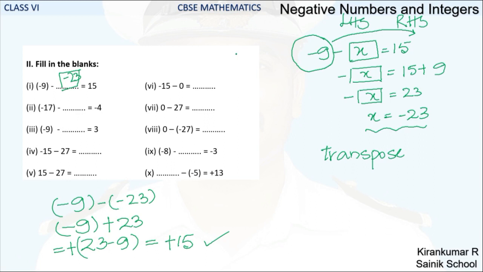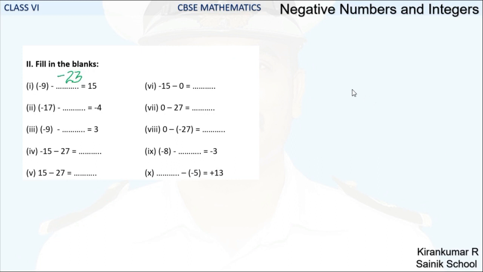Let us solve the second one. In the second one, minus 17 minus a number should give the result as negative 4. So negative that number equals minus 4 plus 17.